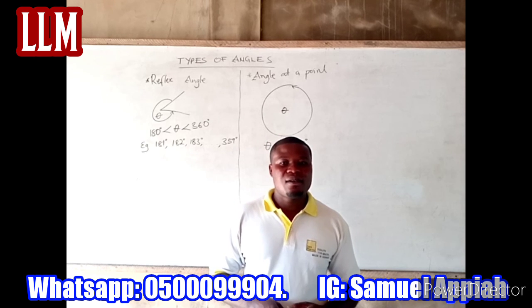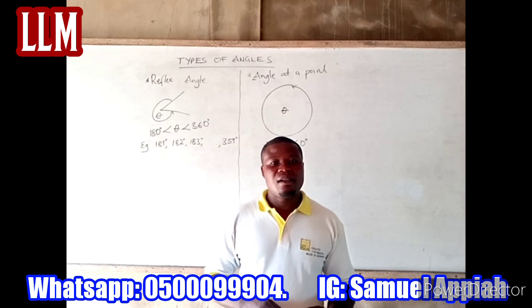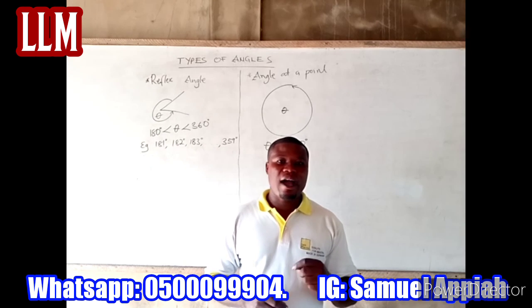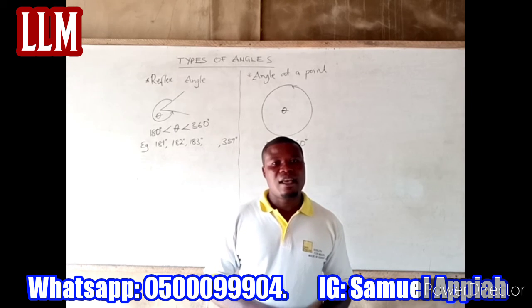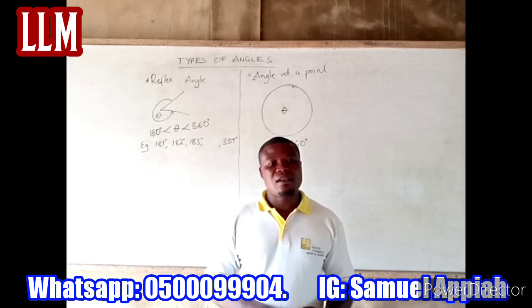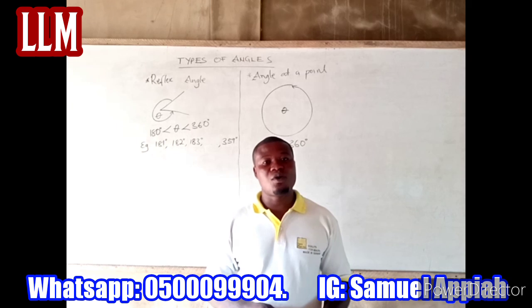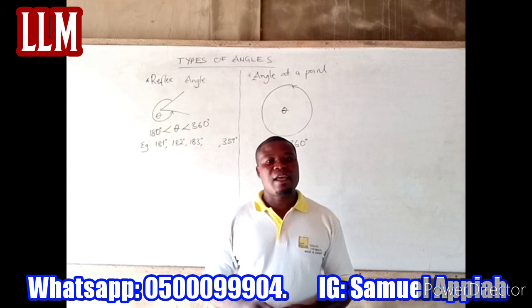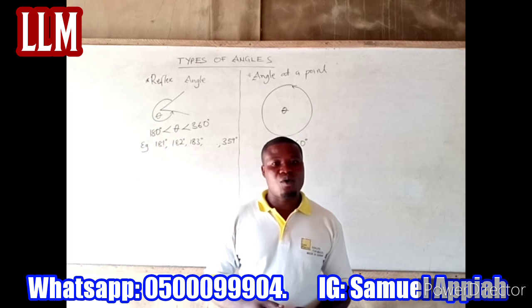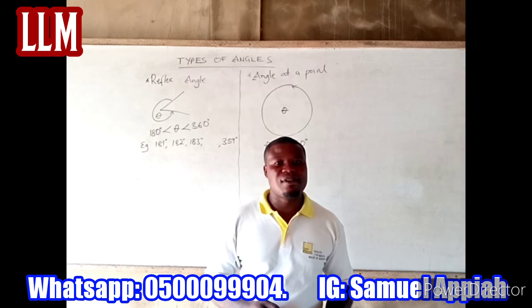The last angle is the angle at a point, or angle of a full circle. A full circle has an angle equal to 360 degrees, meaning an angle at a point is equal to 360 degrees.